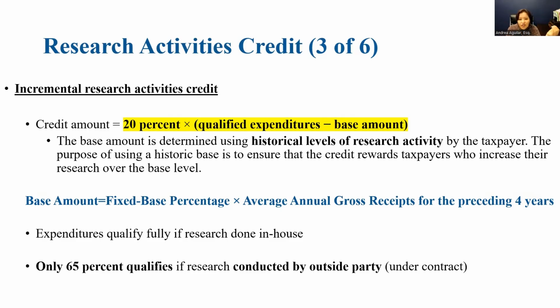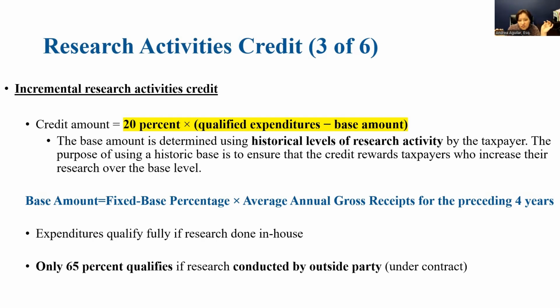So that's why we need to know what are your qualified expenses, and we need to know what was your base amount. In any given tax year, we need to have this base amount to compare it with your qualified expenditures. Only then we're going to be able to see what is the increment. And on that increment, we're going to apply a 20%, and that will be the credit amount.